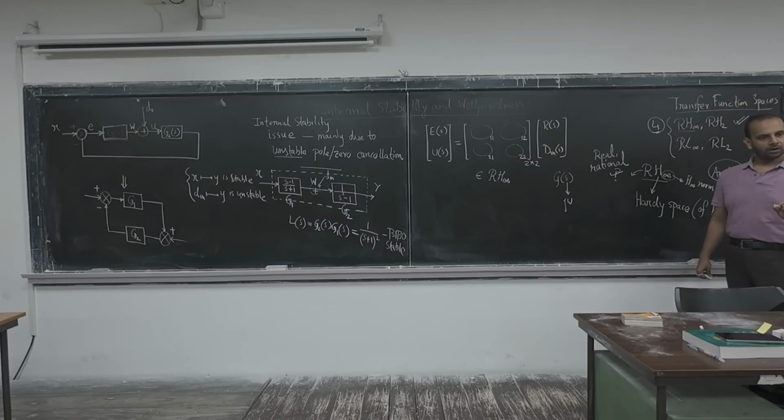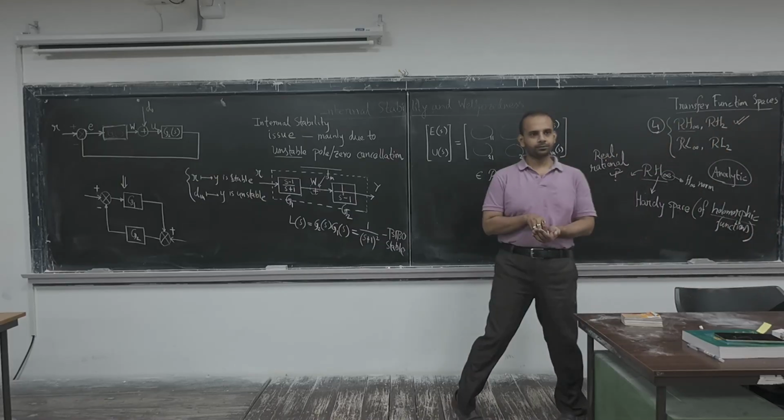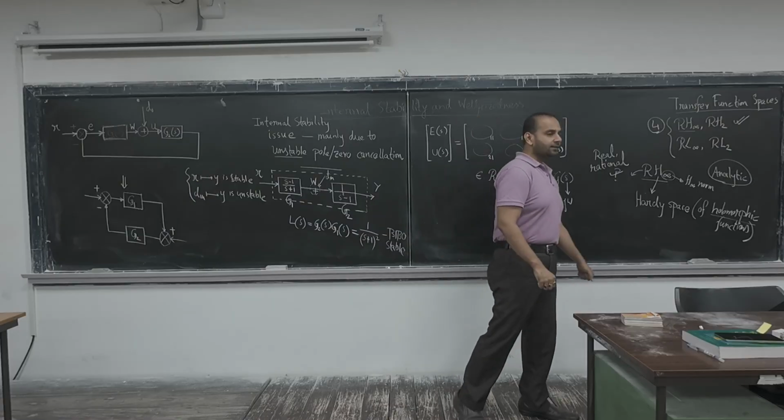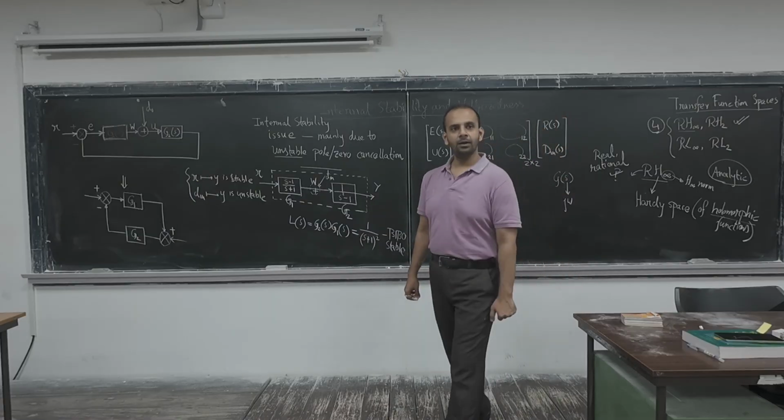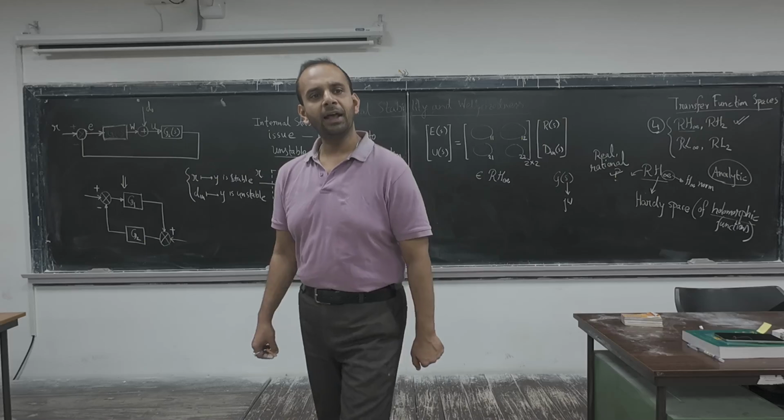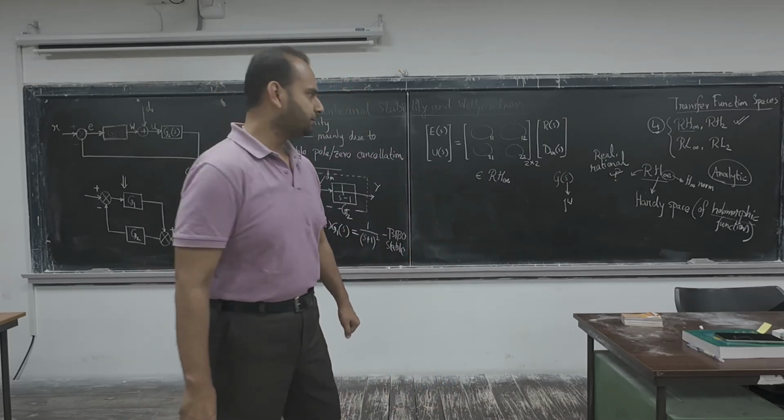Actually, if you assume that both G1 and G2 are proper and asymptotically stable, then they belong to RH infinity. You cannot deal with unstable systems. So that's why we cannot simply assume that G1 and G2 both belong to RH infinity.